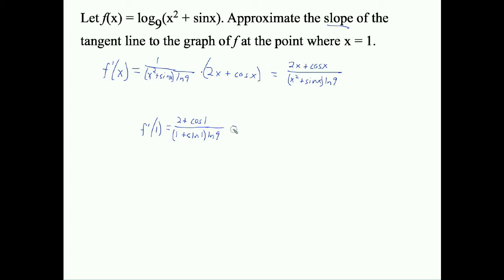And we could go ahead and put that in the calculator, and we would get 0.6278. And that's an approximate answer, so we could put a little squiggly equals here. Approximately equal to 0.6278.